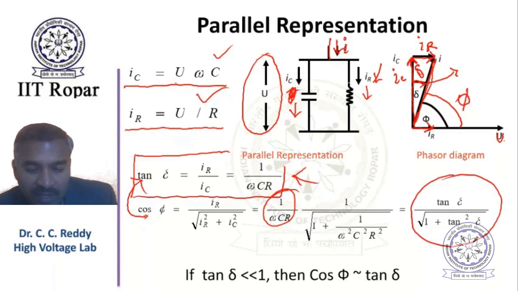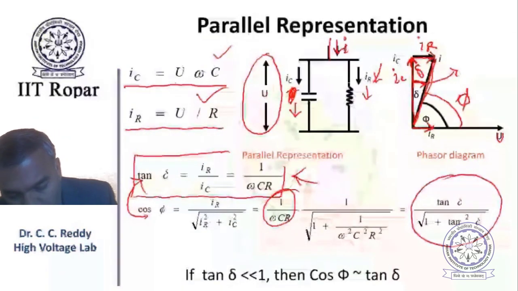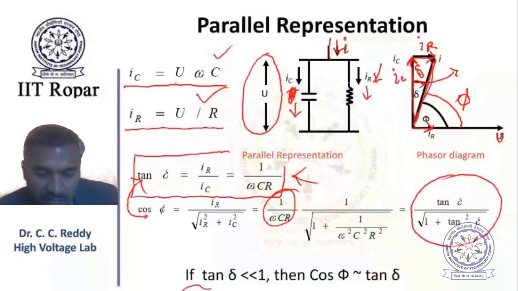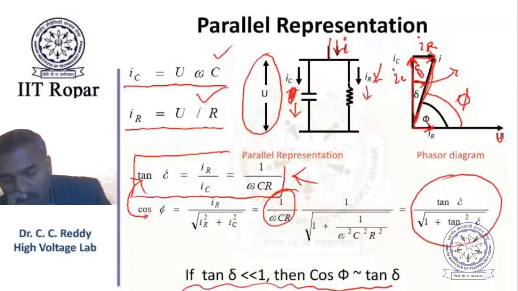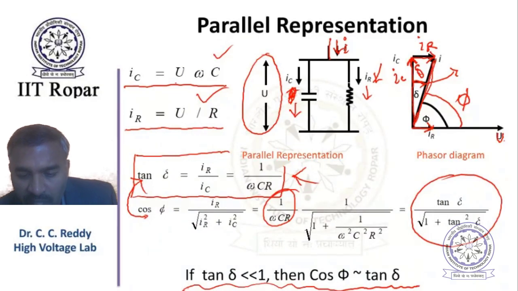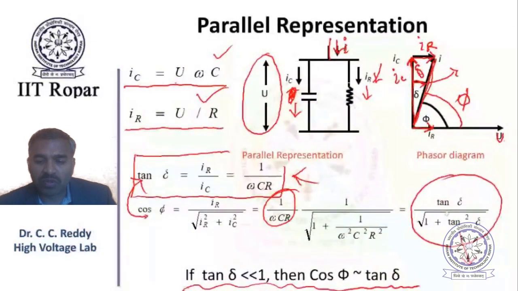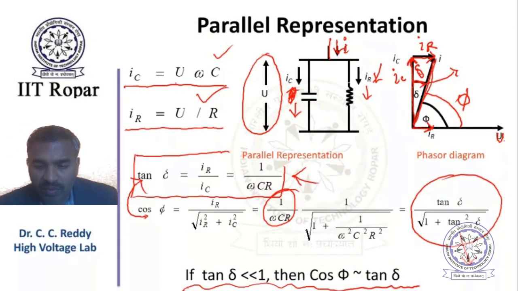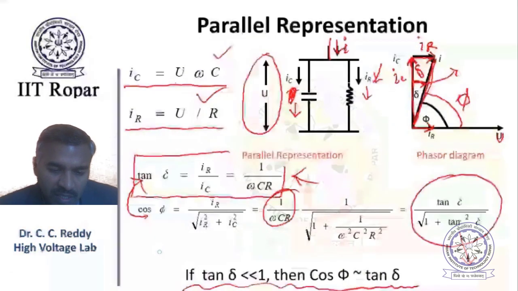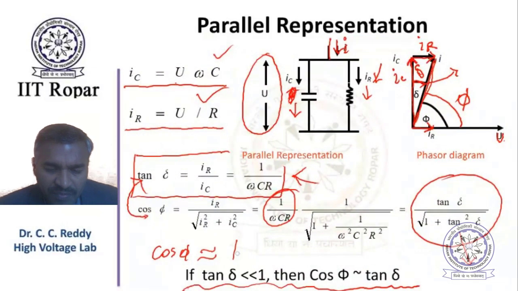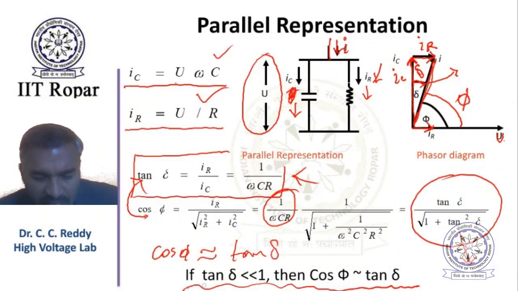It will be less than 1 and actually close to 0. So under that condition, cos phi is approximately equal to tan delta. Tan delta is almost negligible, tan square even more negligible, so 1 plus something is 1 only. So simply it becomes tan delta. Cos phi is approximately tan delta if tan delta is less than 1. This approximation holds only then.